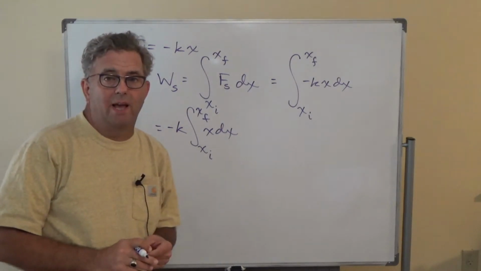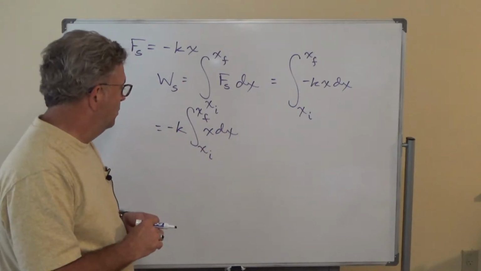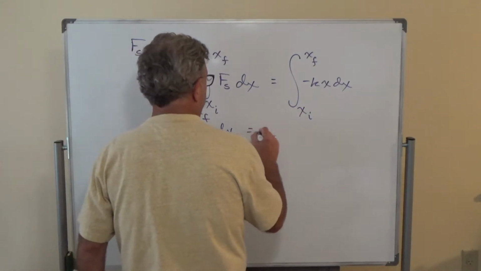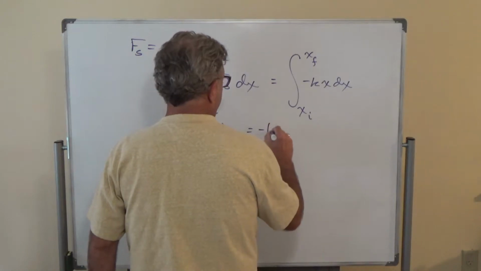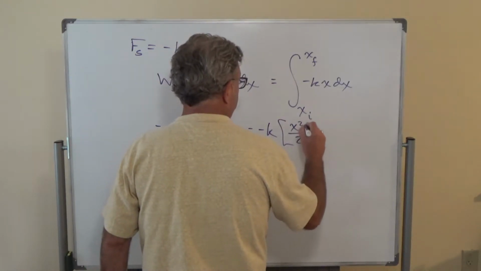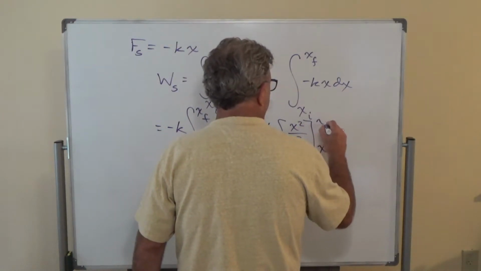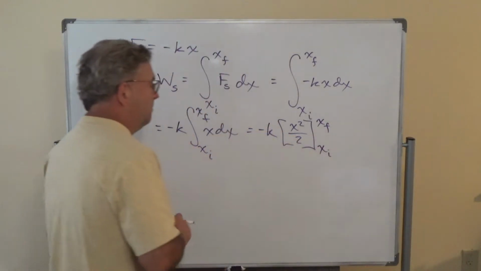What's the integral of x? Everybody knows that one. That's x squared over 2, so this is equal to minus k times x squared over 2 evaluated from x initial to x final.